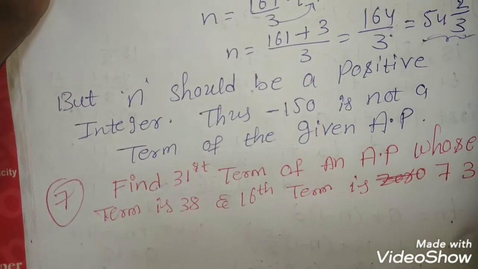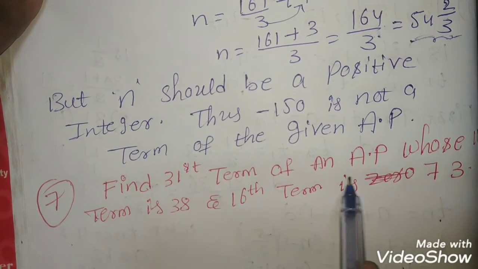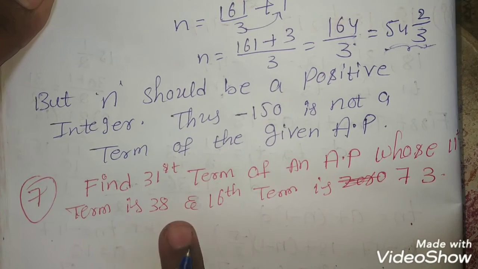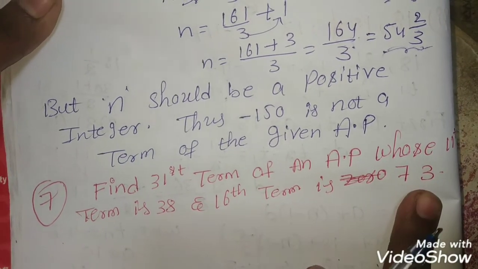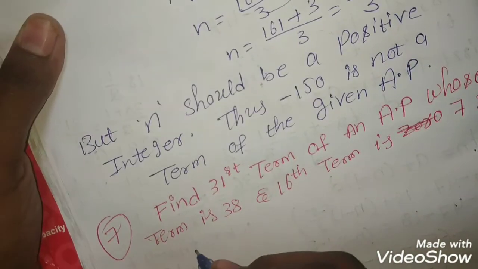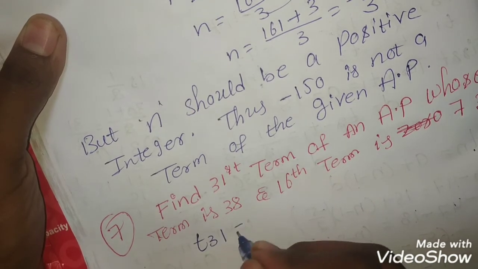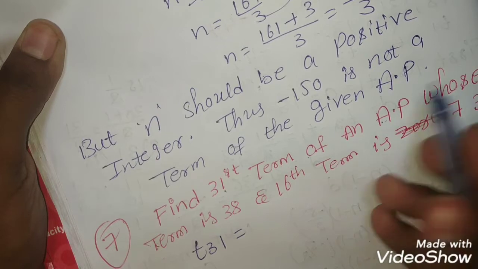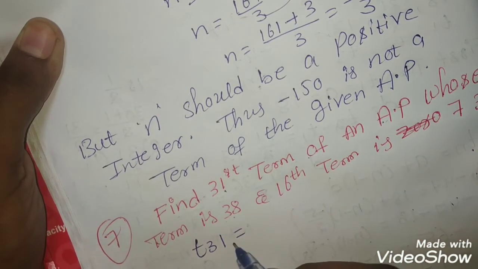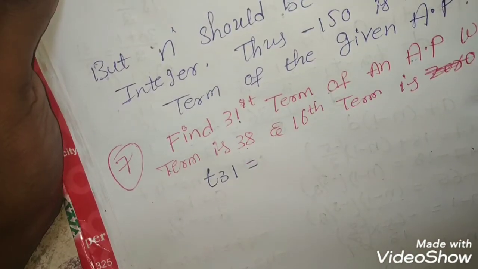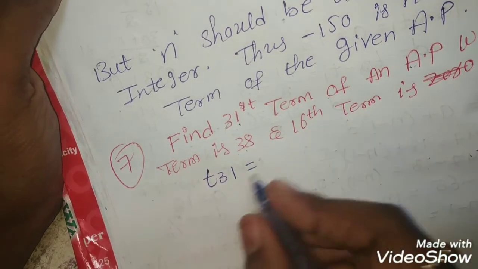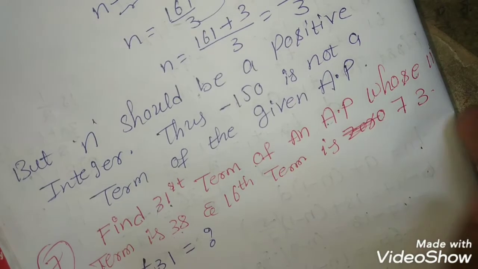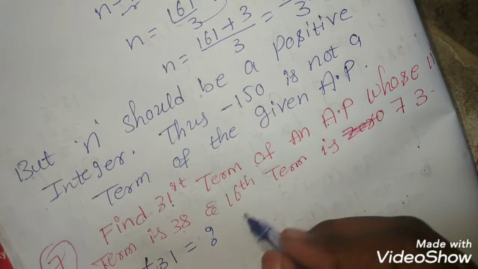Next, 7th question. Find the 31st term of an arithmetic progression whose 11th term is 38 and 16th term is 73. That means we need to find T31. What is given?